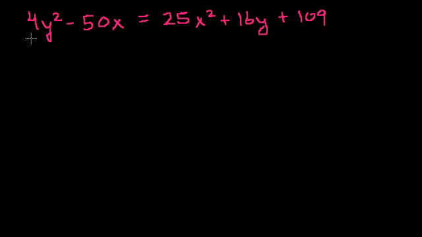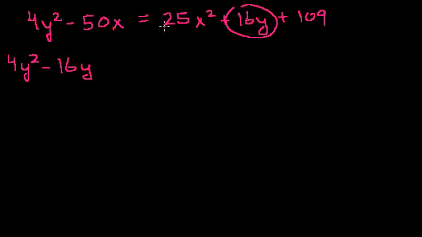So let's do that. On the left-hand side, I'll put the 4y squared. I'm also going to group all the x and y terms in this step. Let's move this 16y onto the left-hand side. If I subtract 16y from both sides, I get minus 16y on the left-hand side, and of course it'll disappear on the right-hand side.